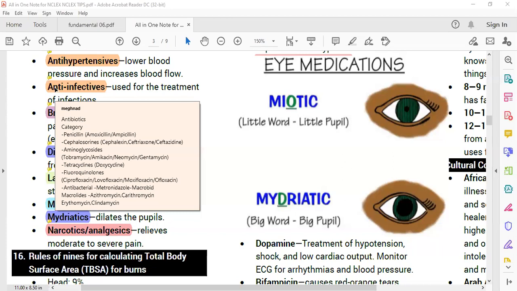Do not give tetracycline to a pregnant or nursing mother, like aminoglycoside, do not give to a pregnant mother.